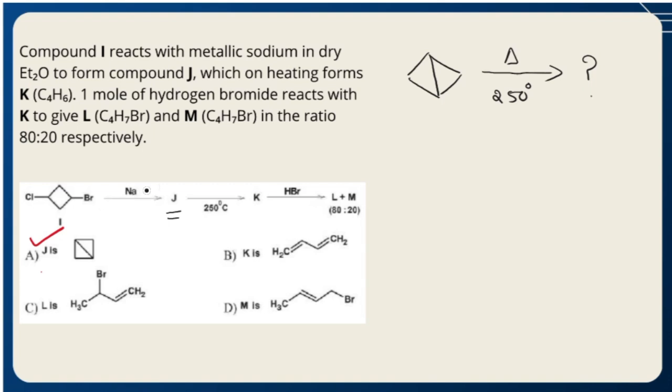Then what should happen? See, if you know the reaction, it's well and good. You can directly write the product. But let's say assume you don't know this reaction at all. Then what might happen? K structure is butadiene structure. Can this be possible? Yeah, because this is a isomerization reaction.